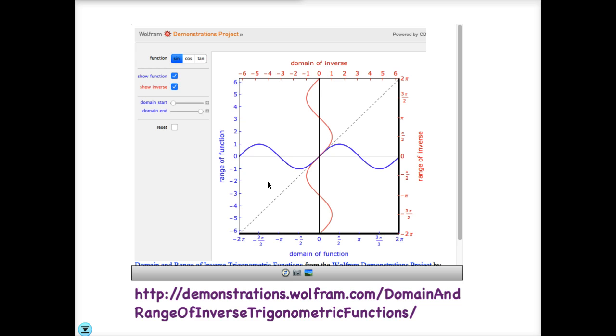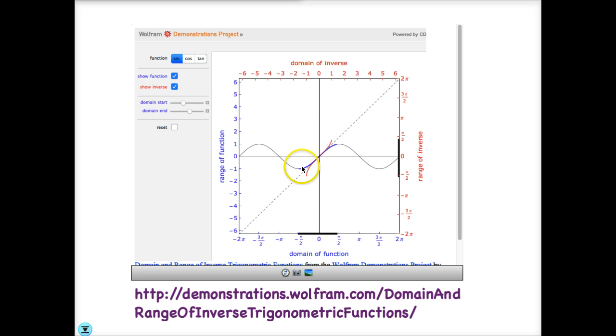But we need to work with our inverse functions. So in order to do that, we can restrict the domain. If I take the start of the domain, and you'll notice that in this example we're going from negative 2 pi to positive 2 pi, if I restrict this to approximately negative pi over 2, and then restrict the domain to end at approximately pi over 2, you can see that in blue this would now pass a horizontal line test, and therefore our inverse now passes a vertical line test.